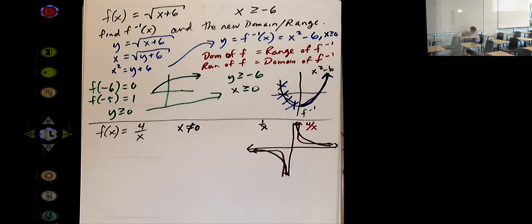It actually shows us our other domain and range restriction. What is the range restricted on this?